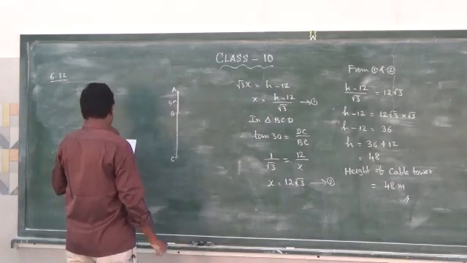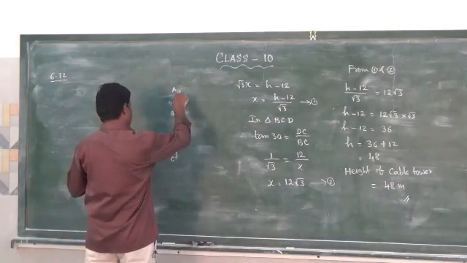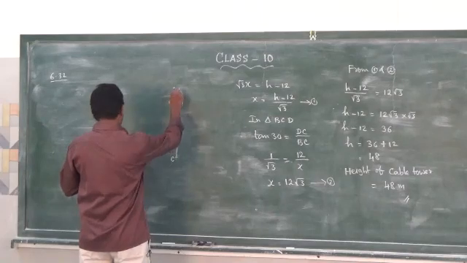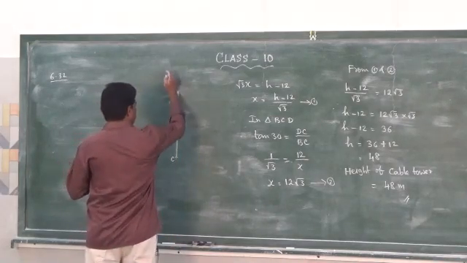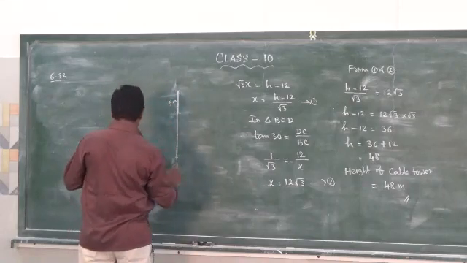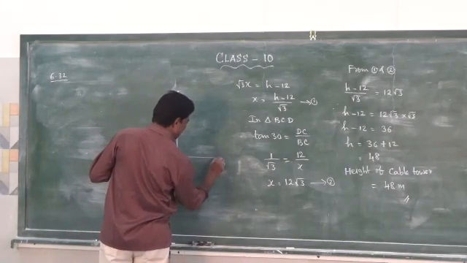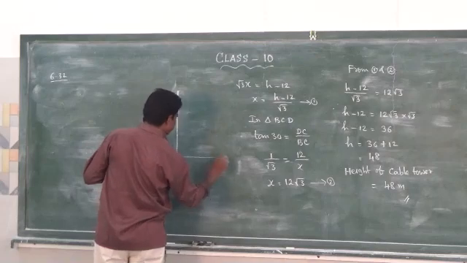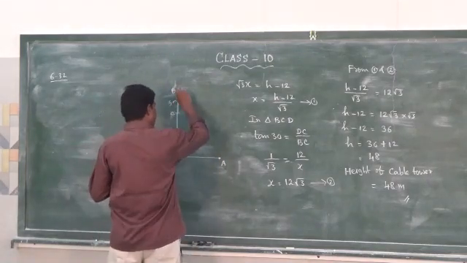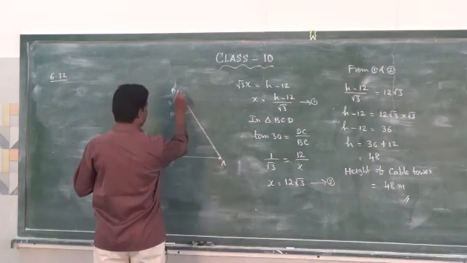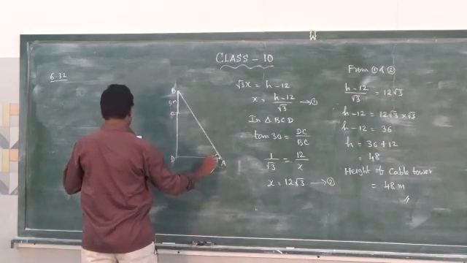The angle of elevation of the top of the pole, this is the pole, AB is the pole. The angle of elevation of the top of the pole observed from a point. Observed from a point A. So point A is given. So we will consider this as B, C, D. The angle of elevation is 60 degree.